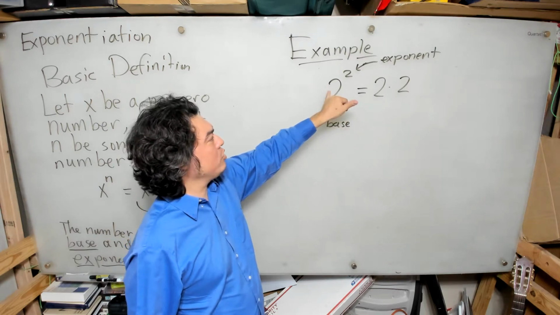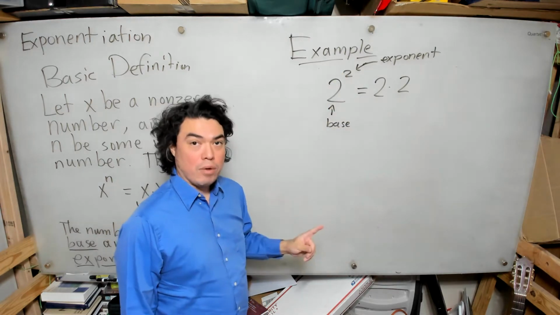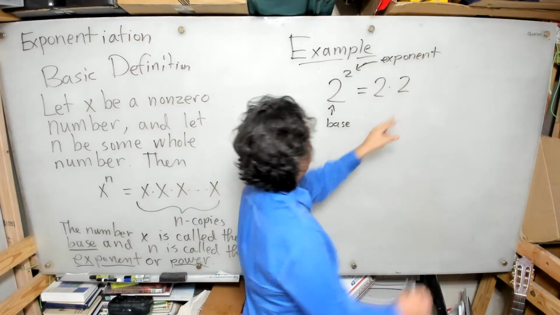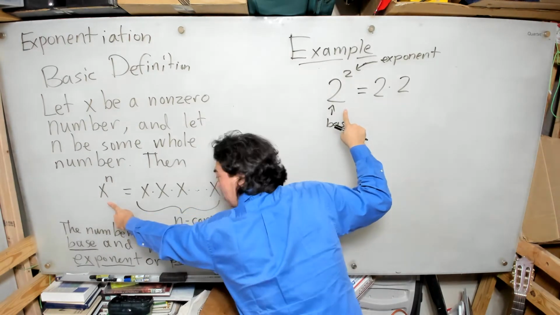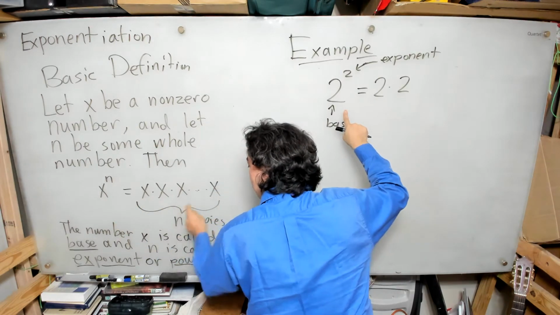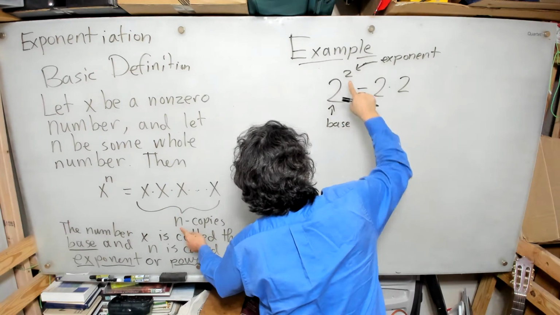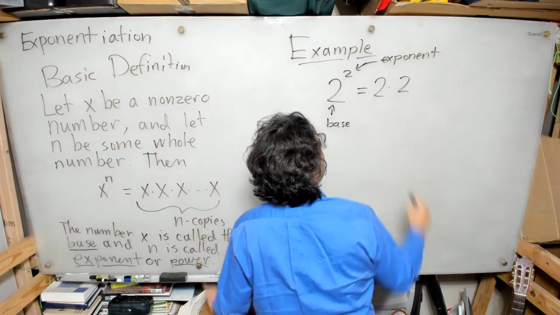They think, oh, this 2 is being multiplied by that 2, and that's why it's 2 times 2. But that's exactly wrong. The real way you're interpreting this as 2 times 2 is that the base x, which is 2 in this example, is being multiplied with itself, the number of times as indicated by the power, which is 2. So there are 2 copies of the base x being multiplied.